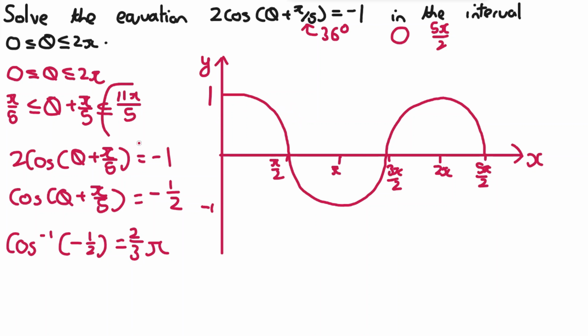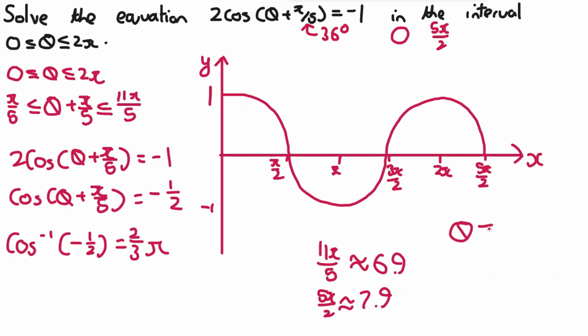So for example, 11 pi over 5 is approximately equal to 6.9, but the interval that we've sketched to, 5 pi over 2, is approximately equal to 7.9. If we find a solution for theta, just randomly, for example, let's say we've got a theta value of 7.4, which would lie about here.